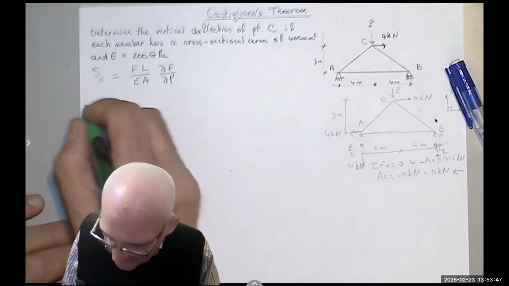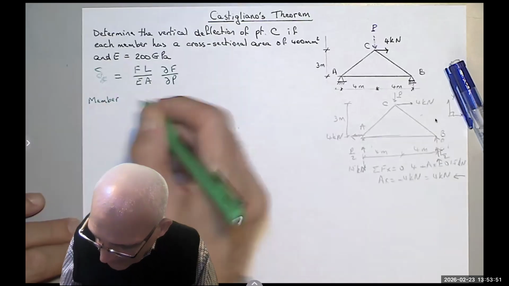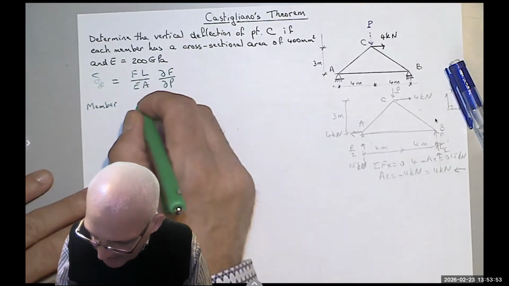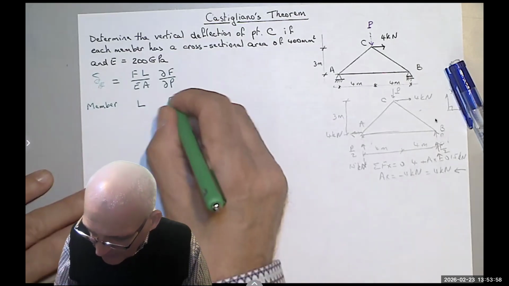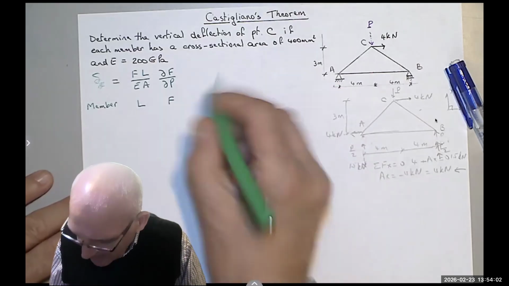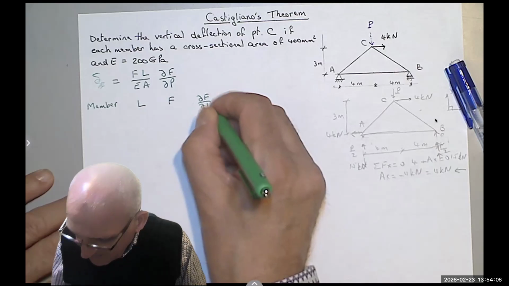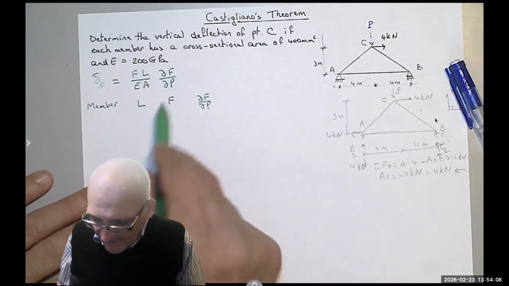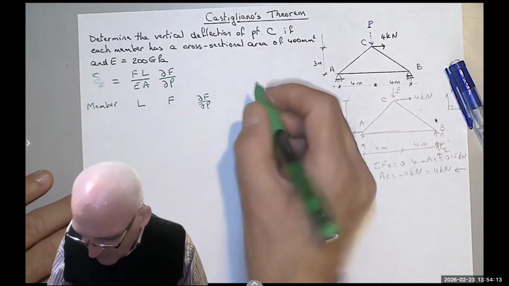So really I can say member. I can say the length. Then I will need to find the force. The area is constant, so after that I will say partial F over partial P. And then I'm going to multiply F times L over A times that without the E, okay?